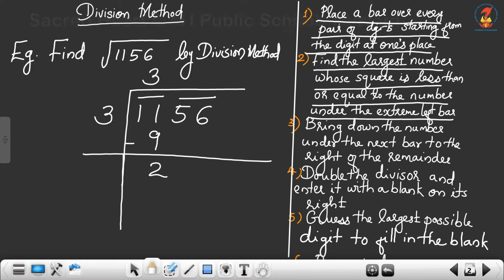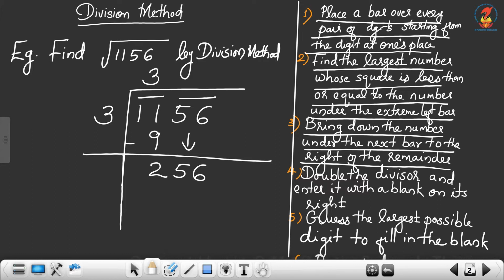Now third step, bring down the number under the next bar to the right of the remainder. The remainder is 2. The number under the next bar is 56. Bring it down. So the new dividend is 256.